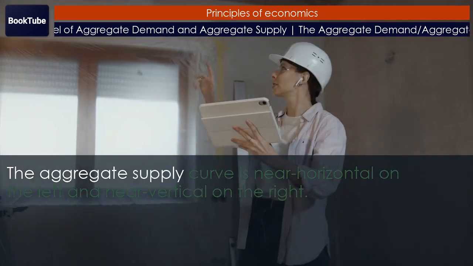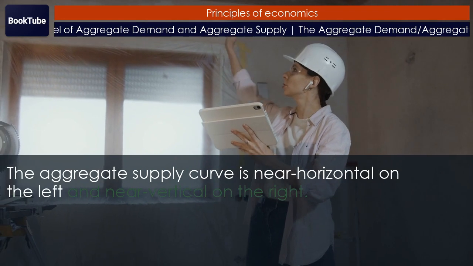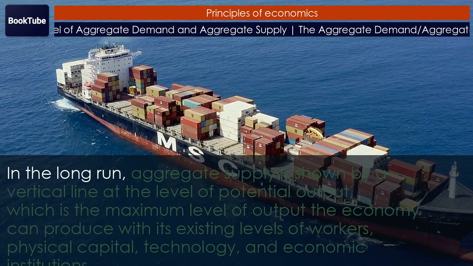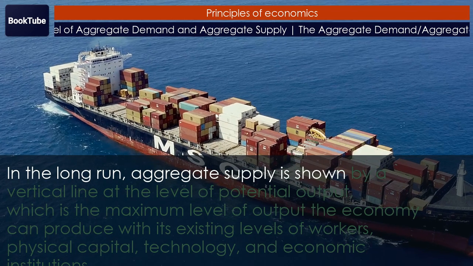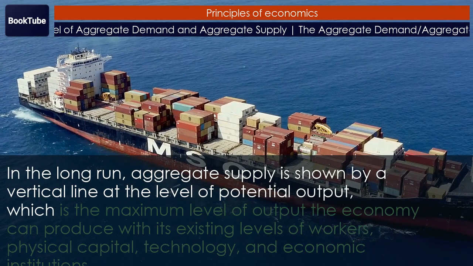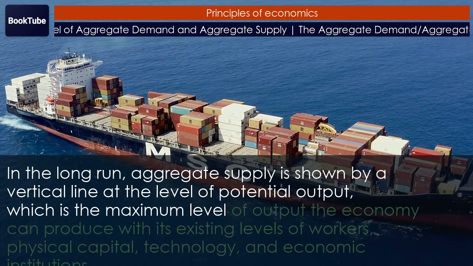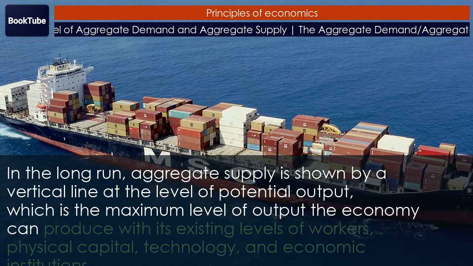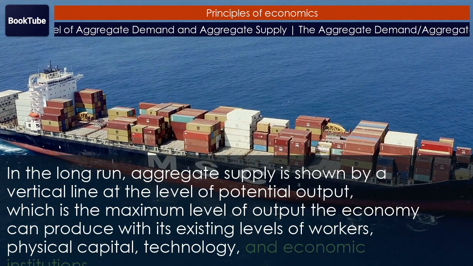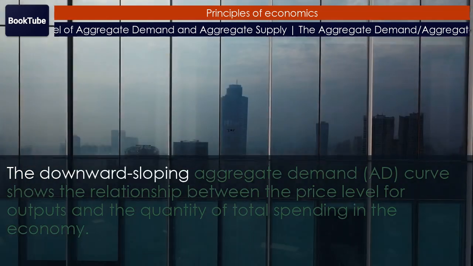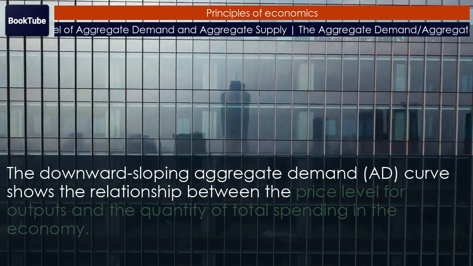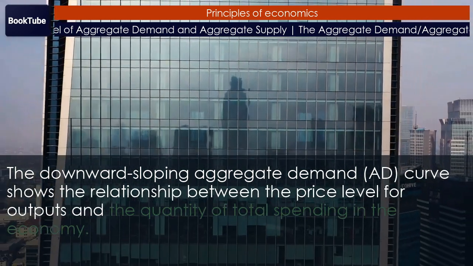The aggregate supply curve is near horizontal on the left and near vertical on the right. In the long run, aggregate supply is shown by a vertical line at the level of potential output, which is the maximum level of output the economy can produce with its existing levels of workers, physical capital, technology, and economic institutions.